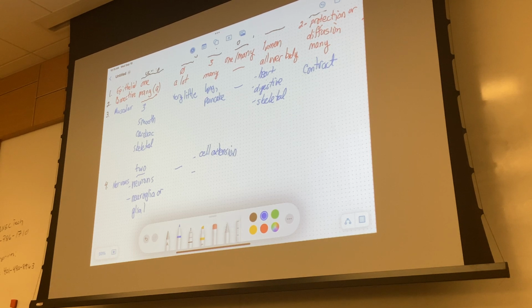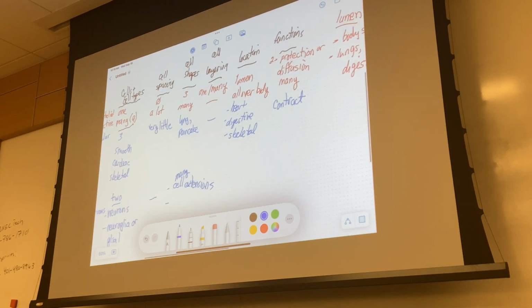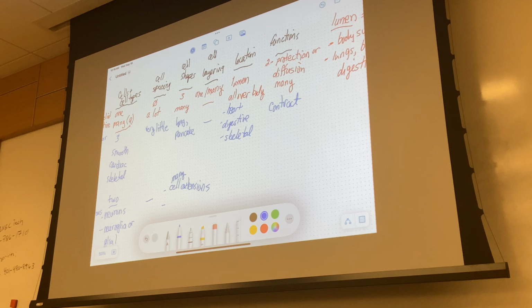No, it's a cellular product. It's generally keratin, a protein that's produced, so it's not a cell extension. Yes, that's for shape. We don't really talk about cell layering.